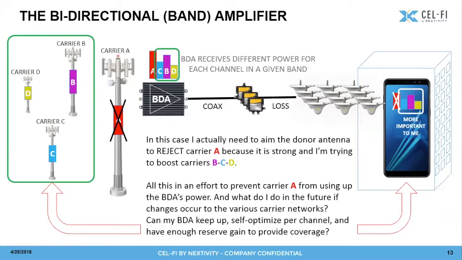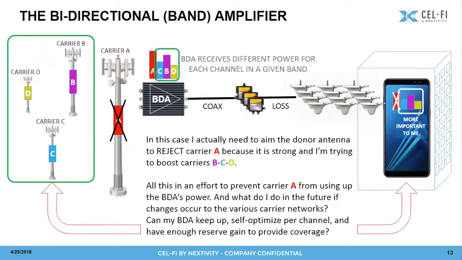I actually need to take that donor antenna and try to reject the signal coming in from operator A because I don't need it and I don't want it dominating my channel power. I'm much more interested in the power coming in for operators B, C, and D. So you can understand the challenge with this.